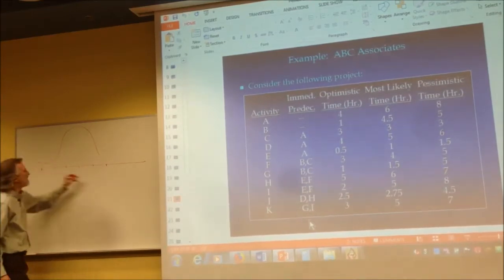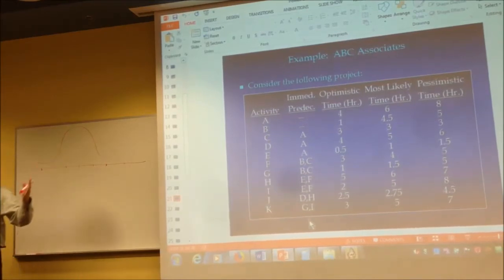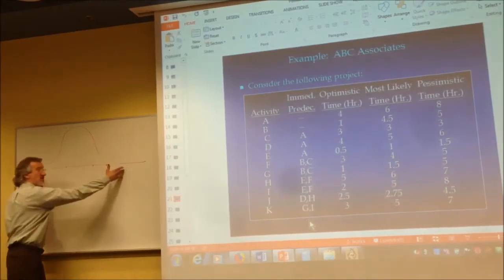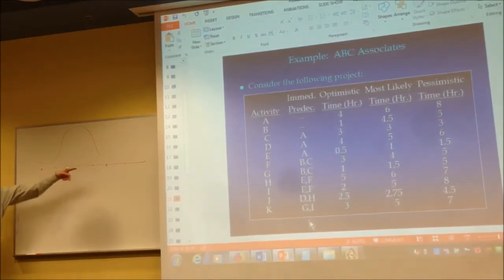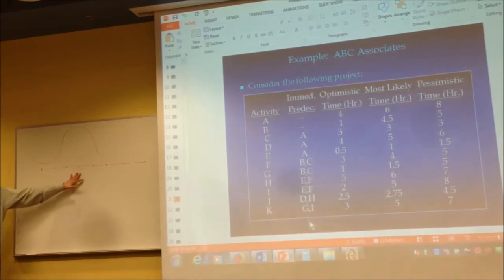Then you go all the way out here, and that's about 3, and usually 99% of your results will be within 3 standard deviations above or below the expected value. In stats, if it's outside 3 standard deviations, it's usually called an outlier. There's usually only 1 or 2 pieces of data out there, and you just say, oh, that's an outlier. Something's weird about it, you take it out of the picture and use the data except for that one. Now, let's get this back to project management. You ready?